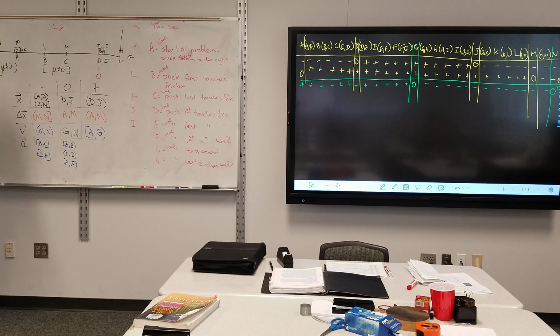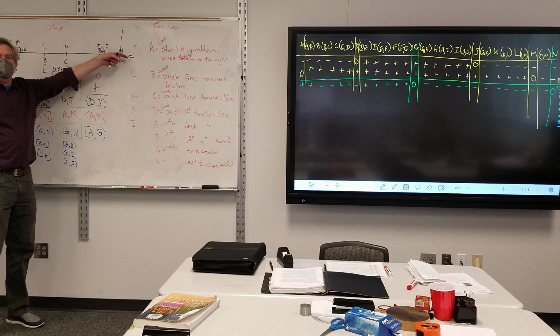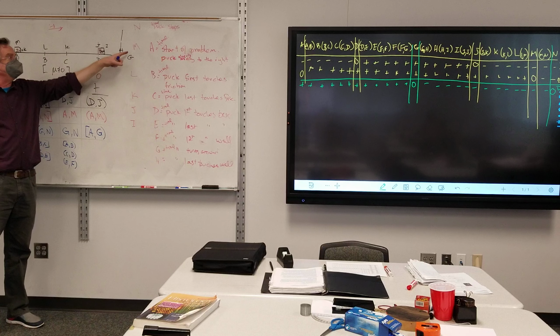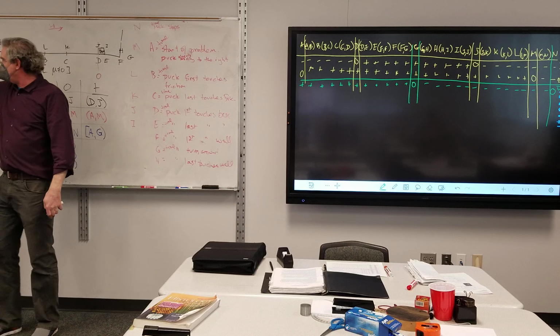All right, if I'm touching a wall here, which way is the wall exerting a force on me? The wall is pushing me that way. I'm pushing on the wall that way, the wall's pushing on me this way. So when the puck hits the wall, which way is the wall pushing on the puck? That does not change anywhere in here. The wall is pushing on the puck that way.